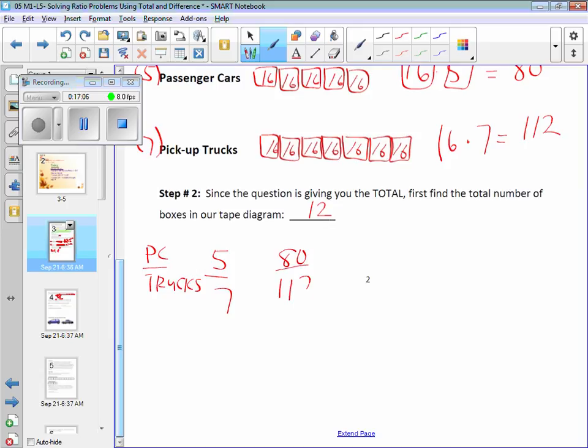What was my constant? What was my magic number? Look what you did. You created, using your tape diagrams, an equivalent ratio with a constant of 16.